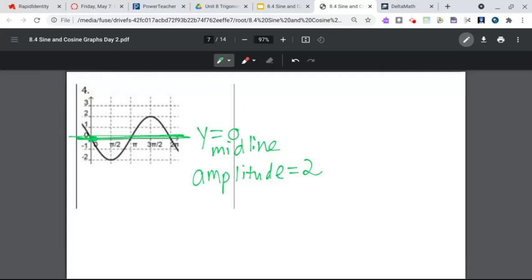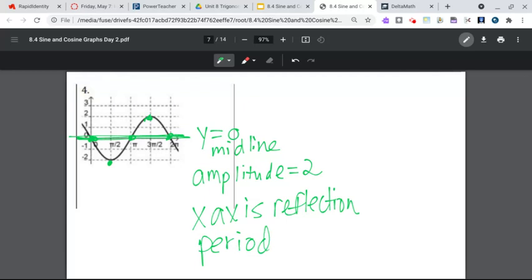But instead of going midline, max, midline, min, back to the midline, it's going midline, minimum, midline, maximum, back to the midline. So this also has an x-axis reflection. Its period, one cycle of the graph, is 2 pi. So its b value is going to be 2 pi over 2 pi, which again is 1.